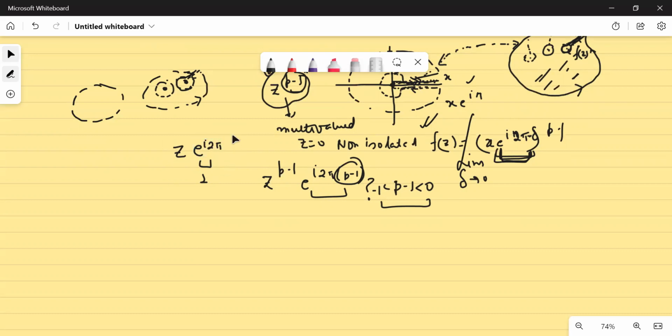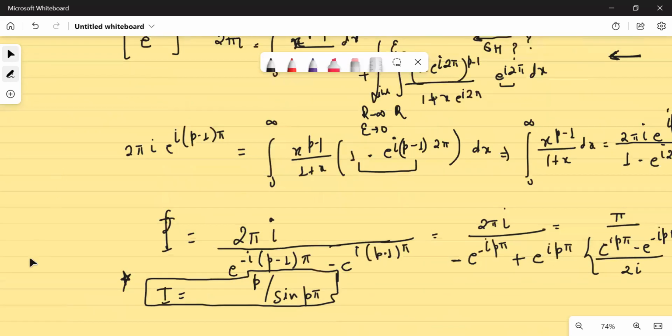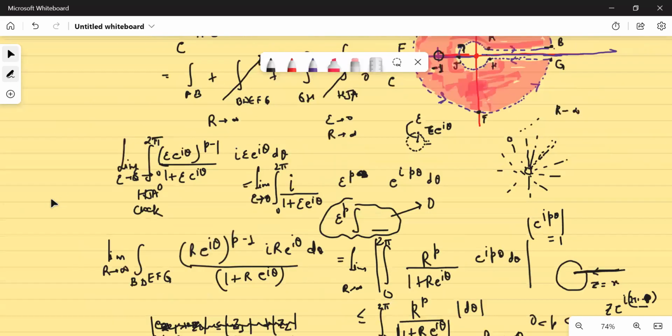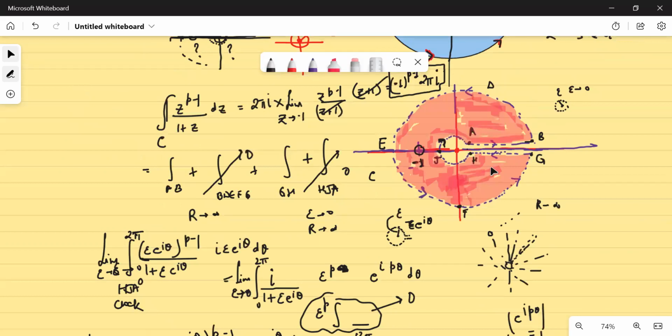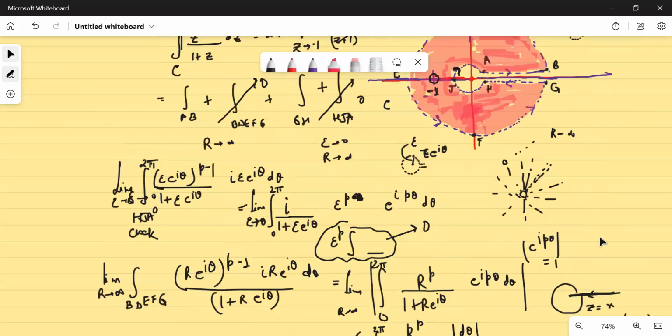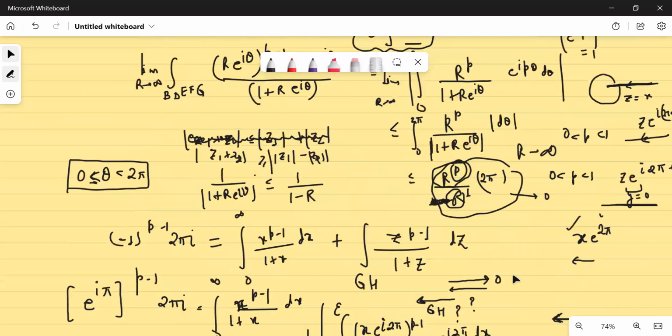But if I had a power, let's say p minus 1, or if I had some logarithm here, you can see that after one complete revolution, it will be ln z plus iota 2 pi. So your function structure would change. This is what I can say. Is that clear? So that is why I could not cut this particular part. So I could not say that the integral of AB and the integral of GH are one and the same thing. Okay, is that clear? Let's move ahead.